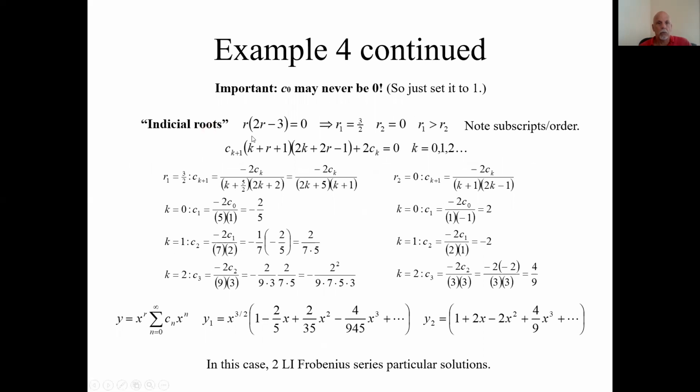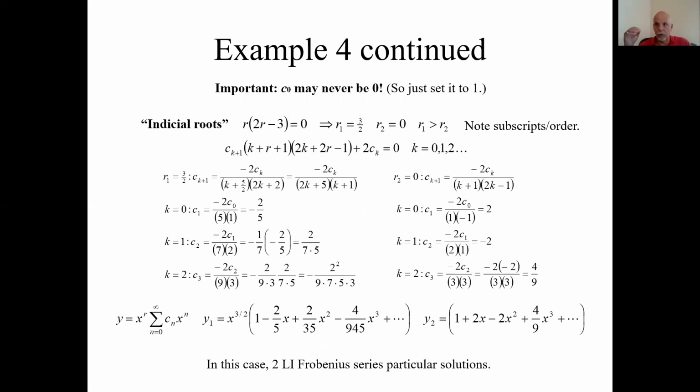So this quadratic equation yields the indicial roots, and r1 is always greater than or equal to r2 by the way we define it. This will become more important in the future. And then we have this recursive relationship.